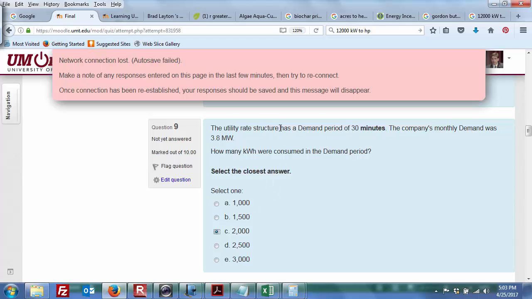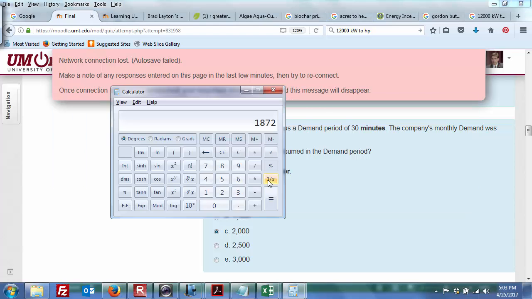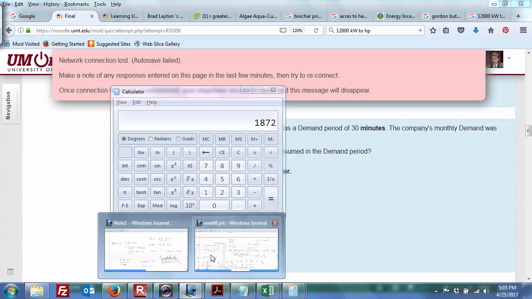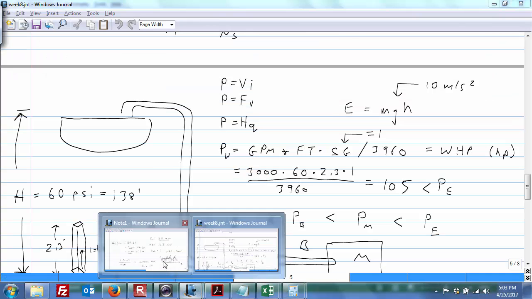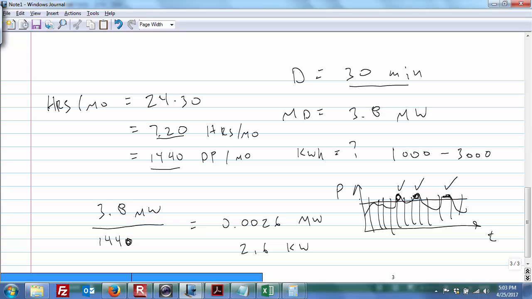So utility rate structure is demand period of 30 minutes. The company's monthly demand was 3.8 megawatts. How many kilowatt hours were consumed? So here's what I did. So here's power, here's time.